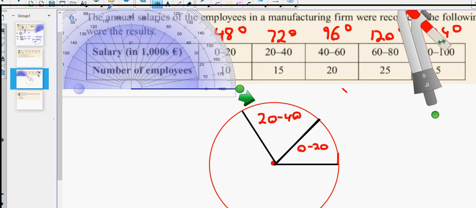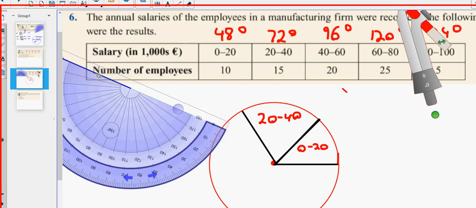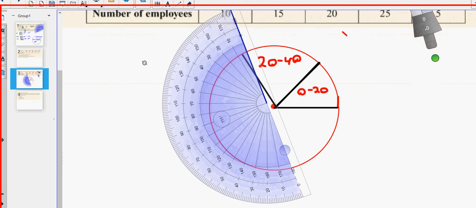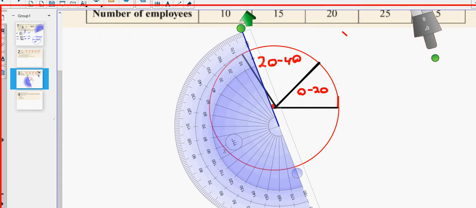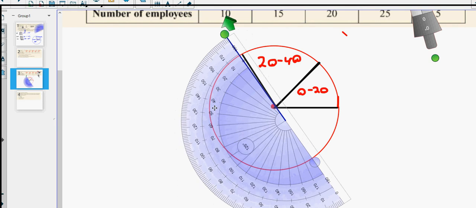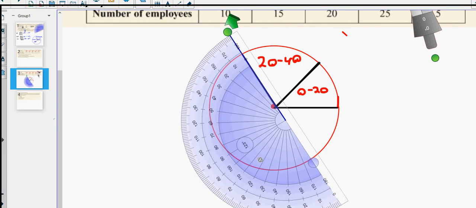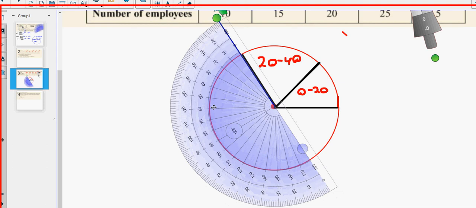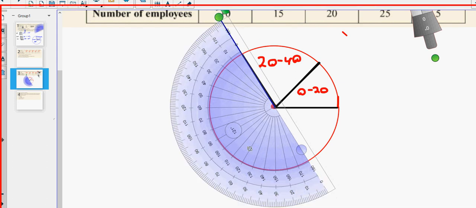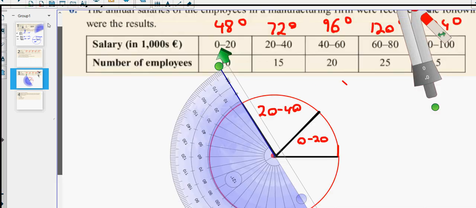Then what I'm going to do next is line it up with the last one. So I'm rotating this around, and you'll notice I'm lining it up like this. Nearly. Gotta be accurate. There you are. What's the next angle I want? 96.